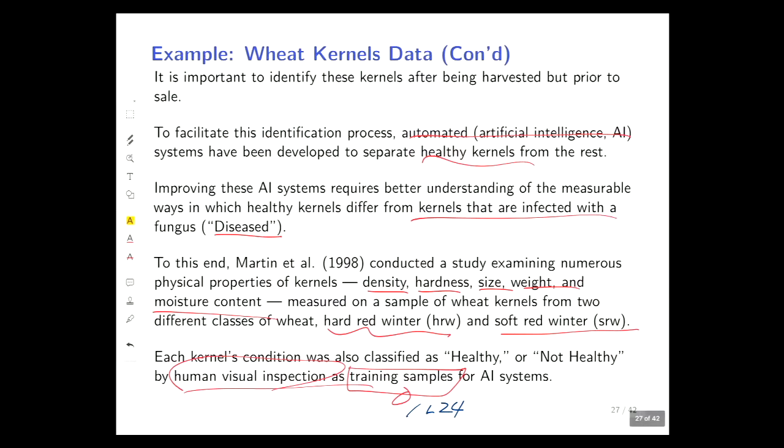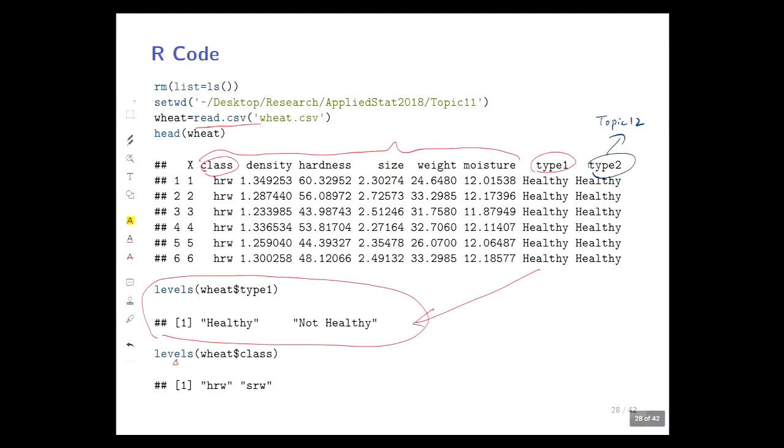So what's the meaning here? Basically, this variable represents two different categories of wheat kernels. So we have one categorical variable, class, and the other are continuous explanatory variables from density to moisture. So that's the data structure.